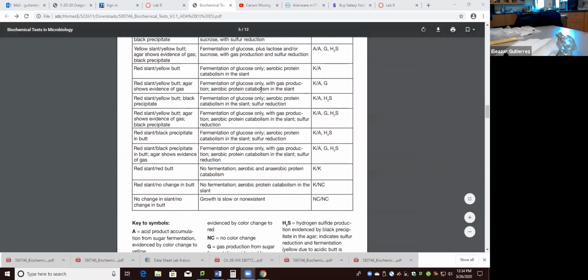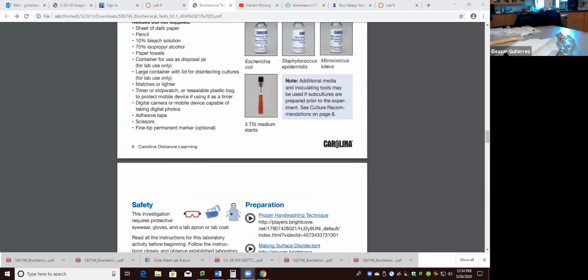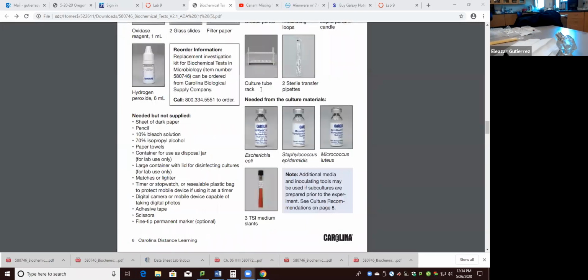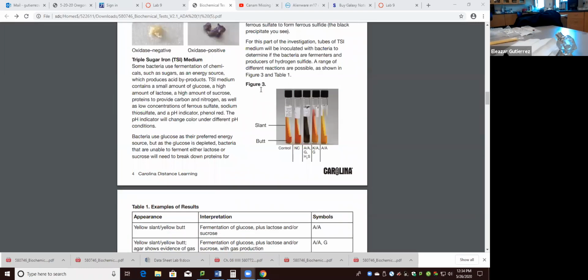Okay, the third part is catalase. So again, in the first part of this investigation, we're looking at the way that the organism breaks down sugars and proteins and how its electron transport chain functions.